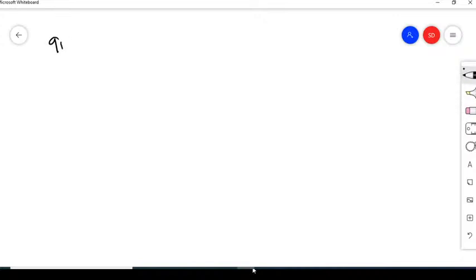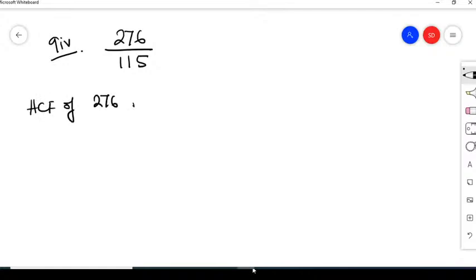That is 9 subpart 4. 276 and 115. So you can use the HCF method over here. HCF of 276 and 115. So 276 divided by 115. So that will be 230, isn't it? 115 into 2 will be 230.